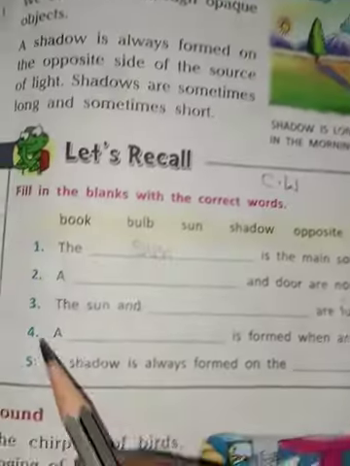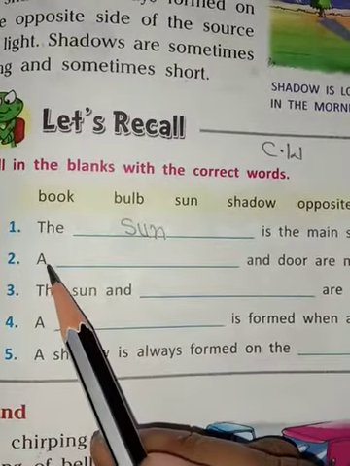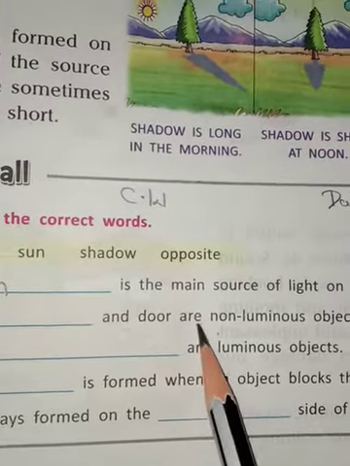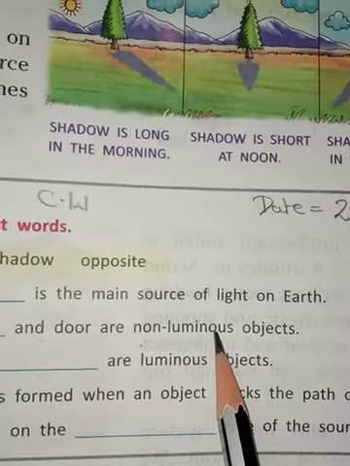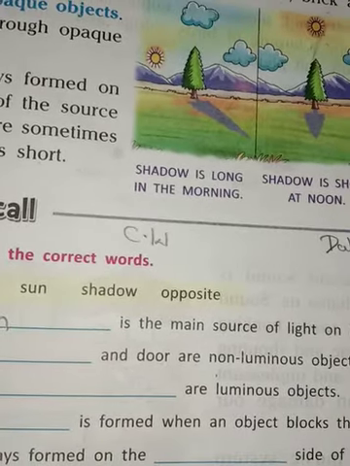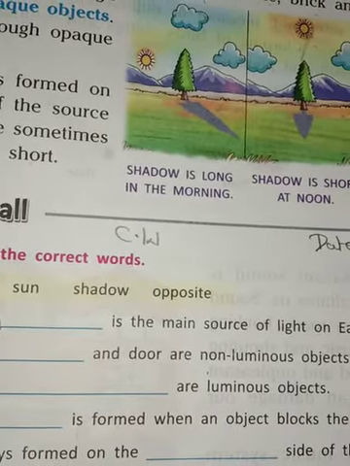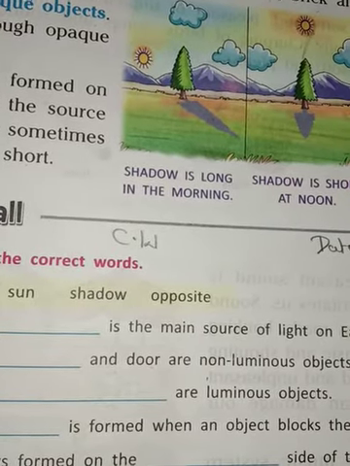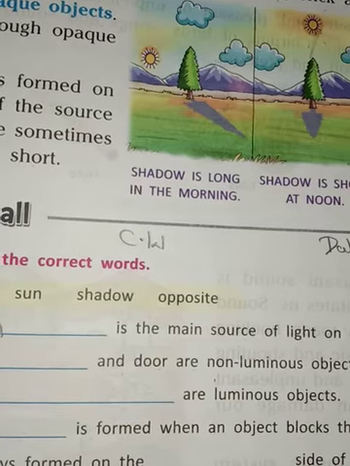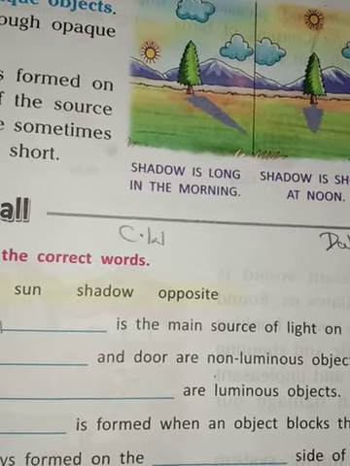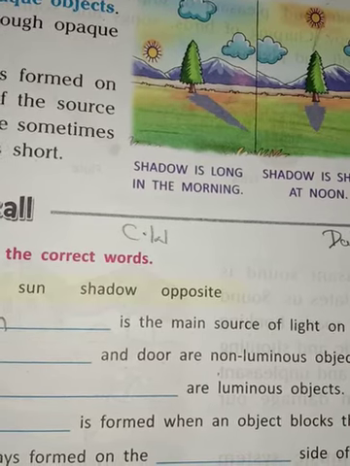Second, a dash and door are non-luminous objects. So student, what are non-luminous objects? Already I have told you, objects which do not give us light are called non-luminous objects.